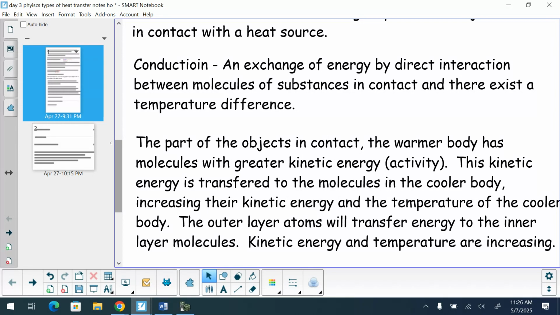But the ice is gaining heat from your body. If you think about the heat going from your body to the ice, the molecules in the ice will start to speed up. They'll increase in kinetic energy.